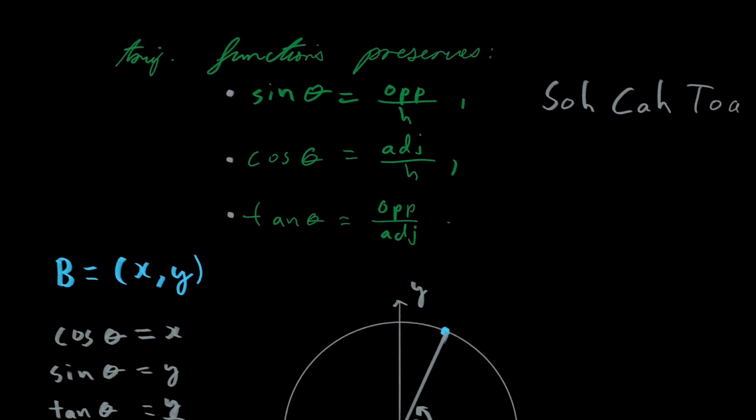And one way to make sure that our unit circle definitions preserve these three is to show that these three here follow from our unit circle definition. Okay? So that, if these three are a consequence of these definitions, then these three must be preserved. Okay? So let's do that.